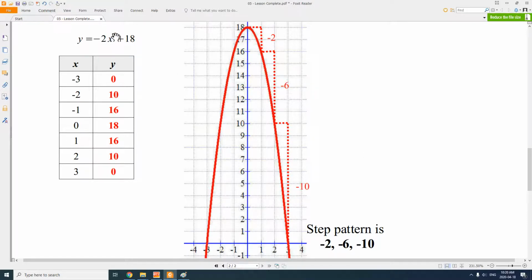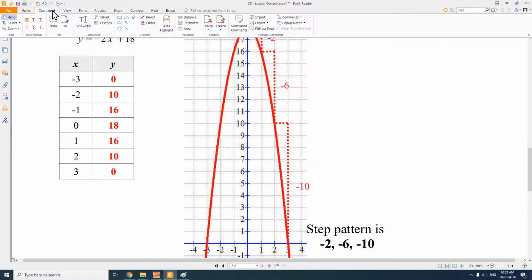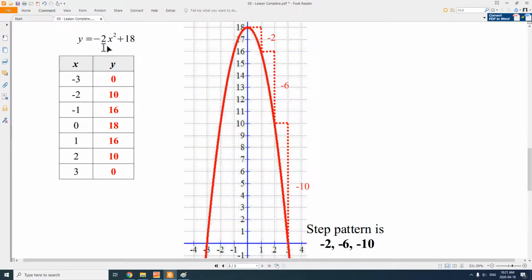There are other things added into this equation, but once again, the only thing that matters is that a value. The a value tells you what the step pattern is. It tells you how quickly this graph grows and the direction. Could I have figured it out without using the graph? Yep.